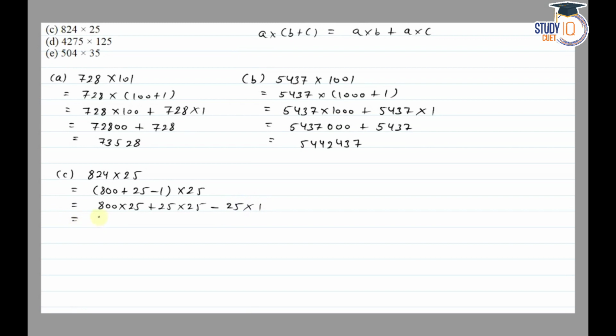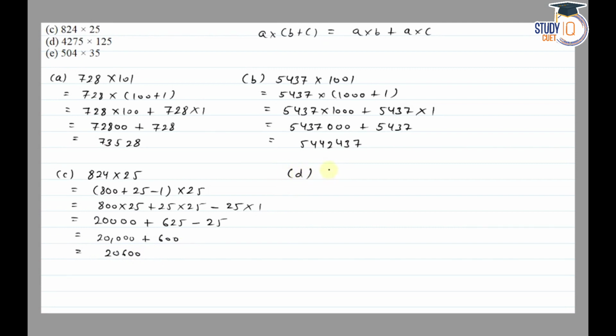So हमारे पास 25 into 8 200 and 00 plus 25 into 25 625 minus 25. So हो जाएगा 20,000 plus 600. So आंसर हो जाएगा हमारे पास 20,600.